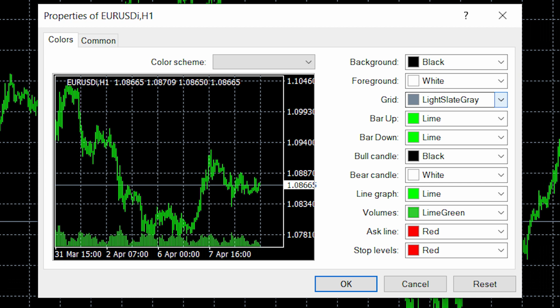It says magenta, but it's pink. Your bull candle, you want that to be blue, and your bear candle, you want that to be pink. And your ask line, I always put my ask line as white. And then no grids.